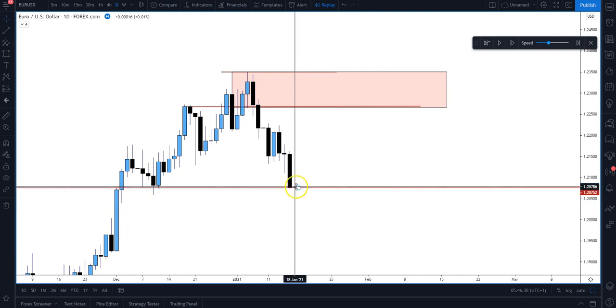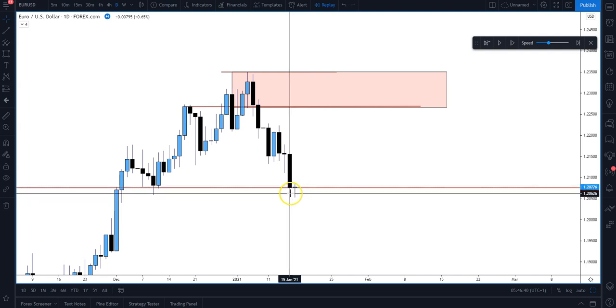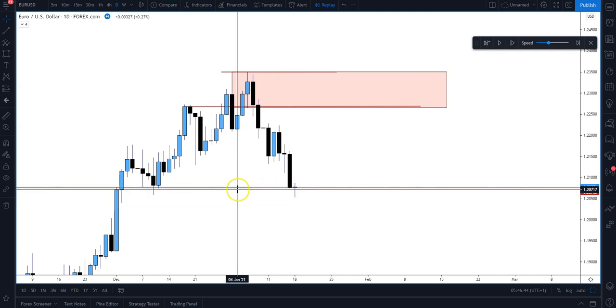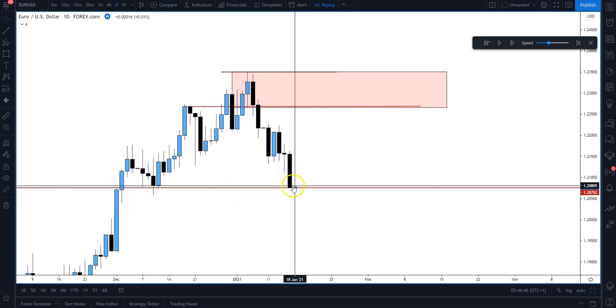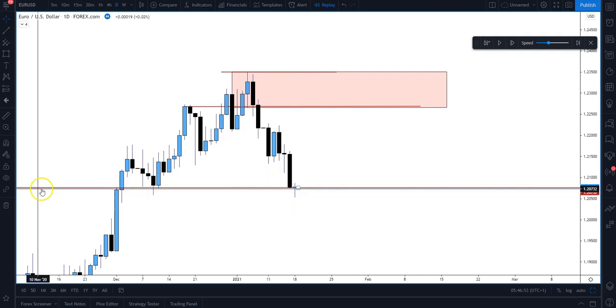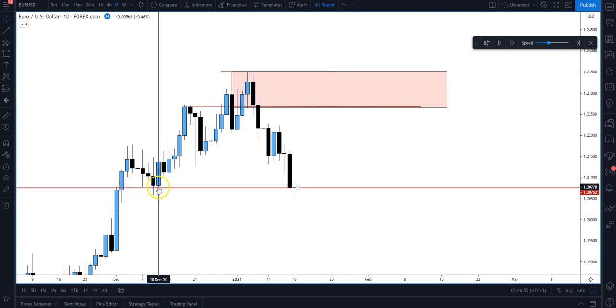The second confluence is the doji being printed on a support resistance zone. The third confluence is a doji being printed on a support resistance zone and an order block. So this is significant.